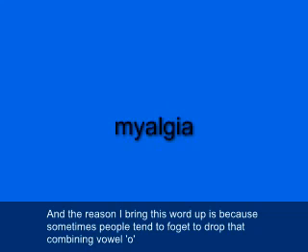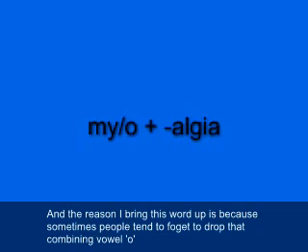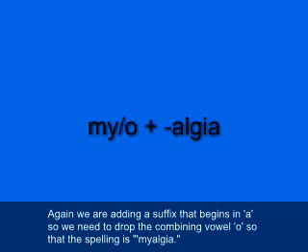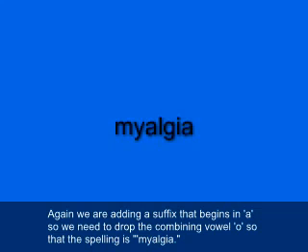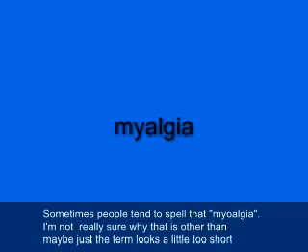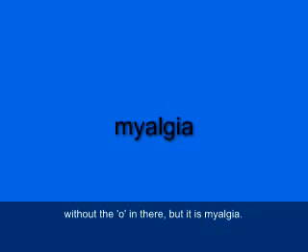And the reason I bring this word up is sometimes people tend to forget to drop that combining vowel O. Again, we're adding a suffix that begins in A, so we need to drop the combining vowel O so that the spelling is myalgia. Sometimes people tend to spell that myoalgia. I'm not really sure why that is, other than maybe just the term looks a little too short without the O in there, but it is myalgia.